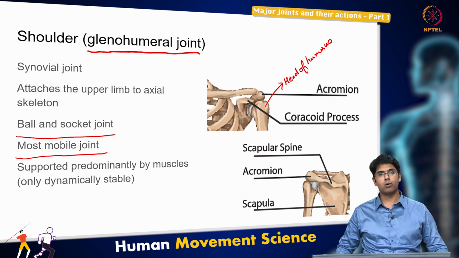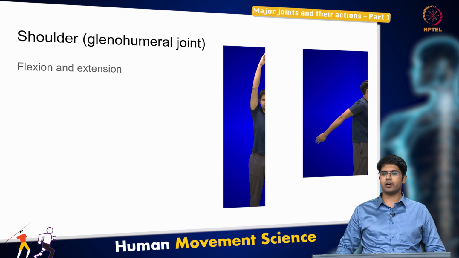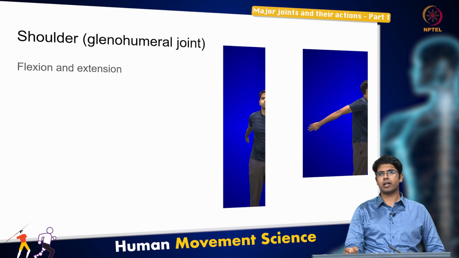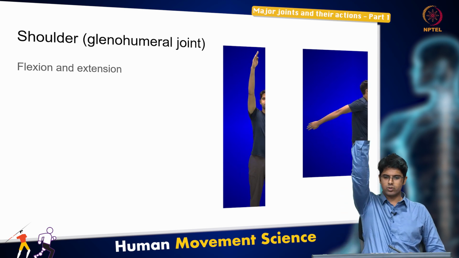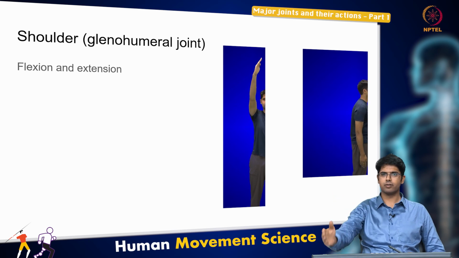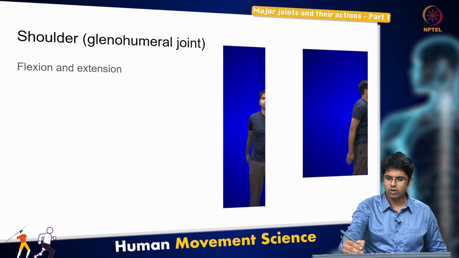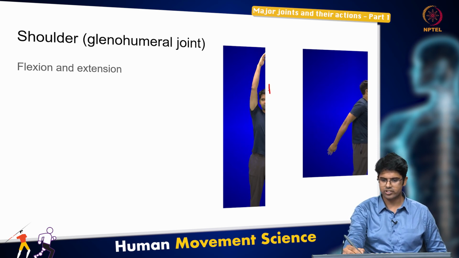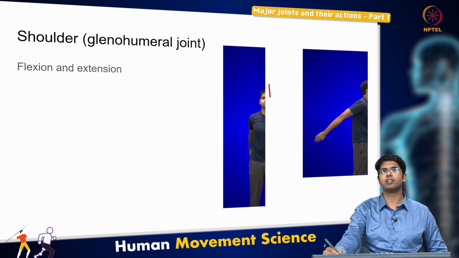Okay, so let's see what kinds of movements this joint can do. The first is flexion and extension, right? Flexion is moving in the sagittal plane. So if I am moving my shoulder forward and backward, like so, right now, at this very instance, this is flexion, and this is the extension movement, as seen from the side.